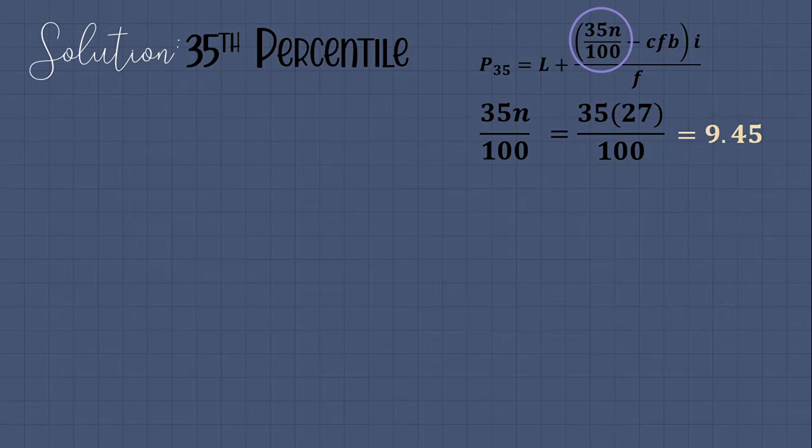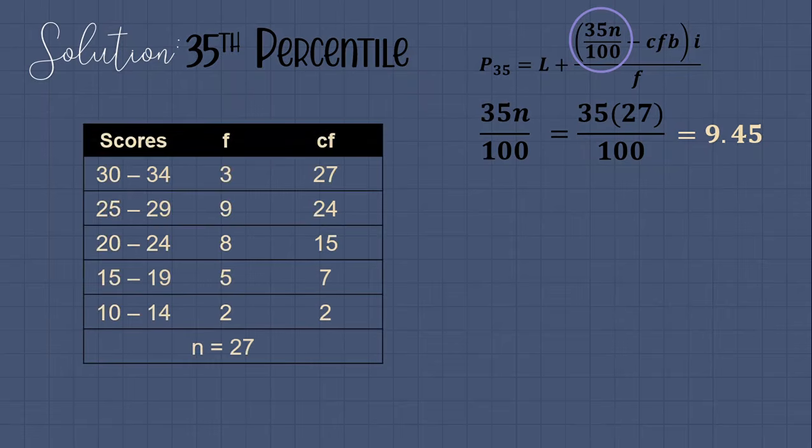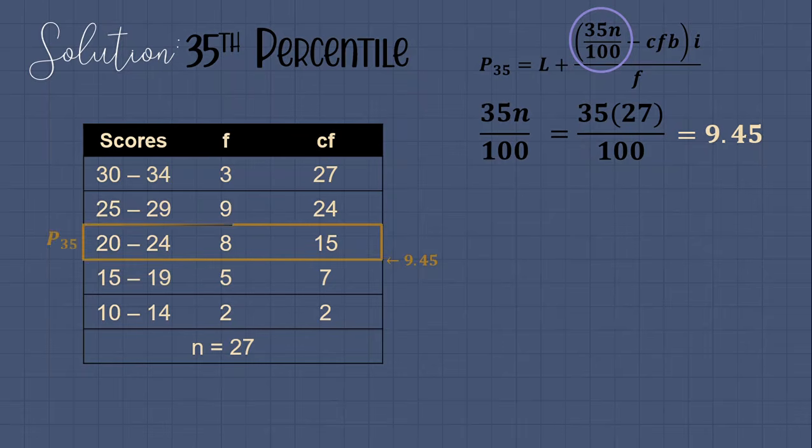Again, we have the same second step. We have to get our table back and locate 9.45 in our CF column. That is in between 15 and 7. Again, the one above is our percentile 35 class, or that is 20 to 24.